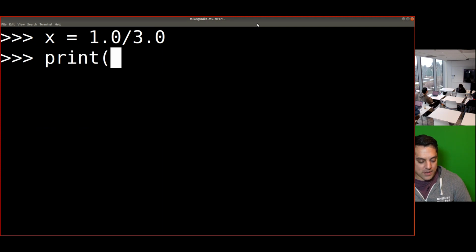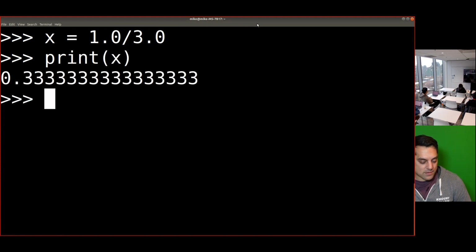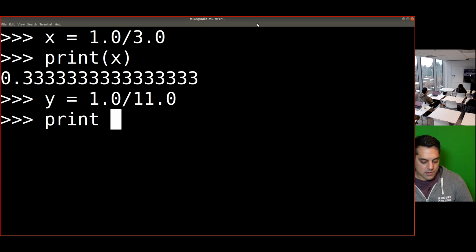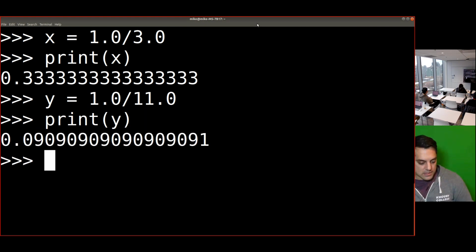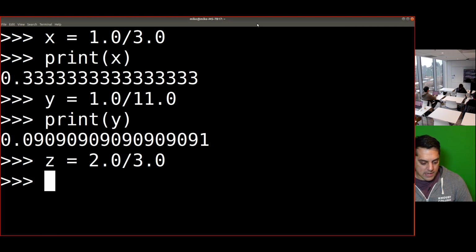So let's print out X. Okay, this seems okay. Let's see if we can break it here. Y equals 1.0 divided by 11.0. Okay, print Y. Actually, Z equals, how about this here? Something like that. Let's see if we do X plus Z. Okay, I guess that worked fine.